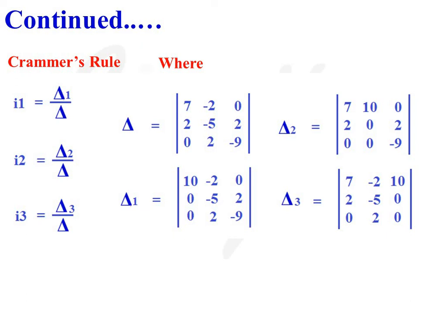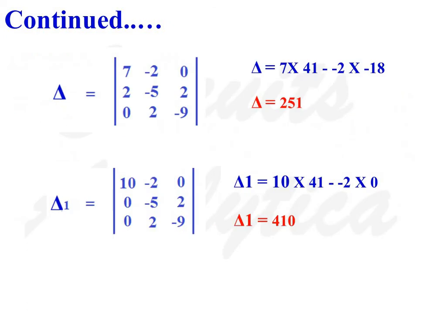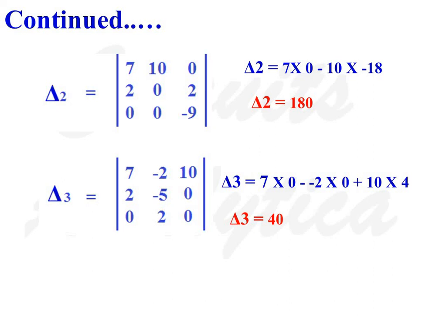Delta 2 is equal to determinant of 7 10 0, 2 0 2, 0 0 minus 9, and delta 3 is equal to determinant of 7 minus 2 10, 2 minus 5 0, 0 2 0. So we will get delta is equal to 251, delta 1 is equal to 410, delta 2 is equal to 180, and delta 3 is equal to 40.